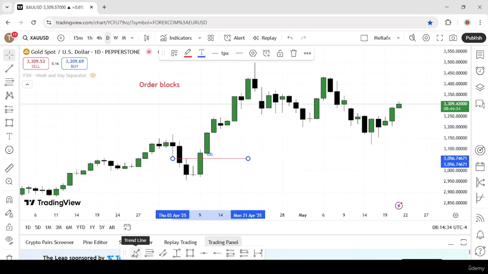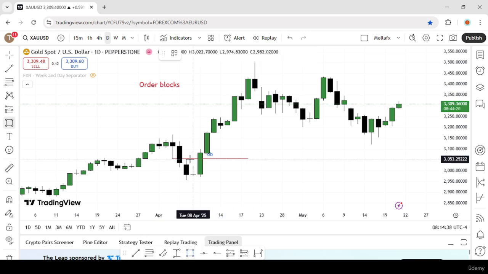So yes, sometimes the market will use this specific area and come right into the open of this order block, this down close candle.